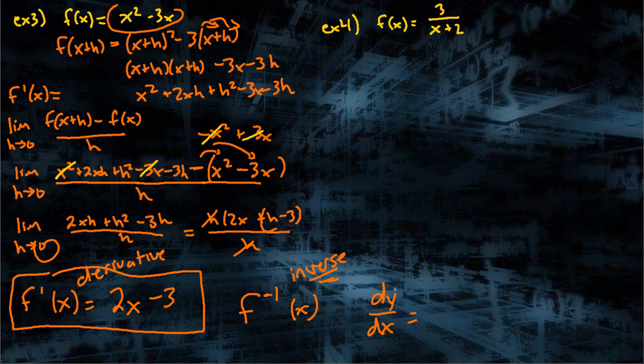And what does this even mean? This means my derivative of y with respect to x. It tells me which variable that I'm interested in. Anyways, this one. Let's go ahead and find what is f of x plus h.